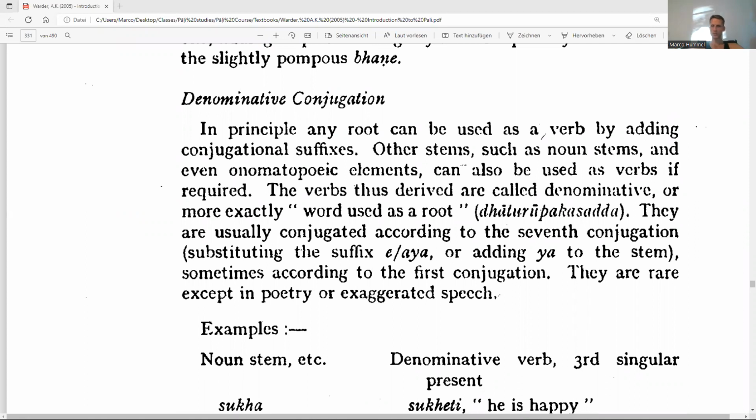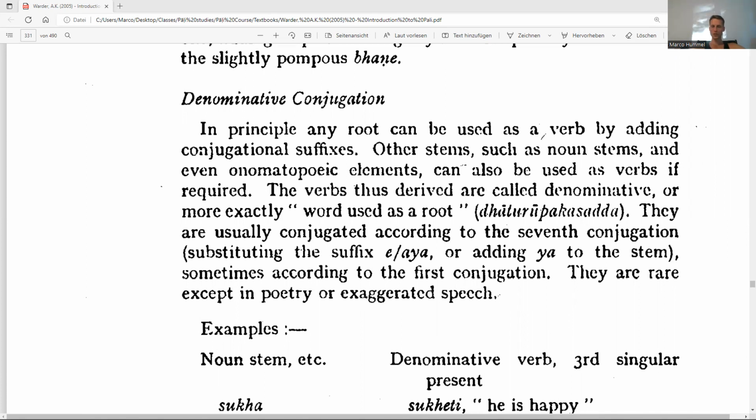Other stems, such as noun stems and even onomatopoeic elements, can also be used as verbs if required. The verbs thus derived are called denominative, or more exactly, a word used as a root, dhaturupaka.